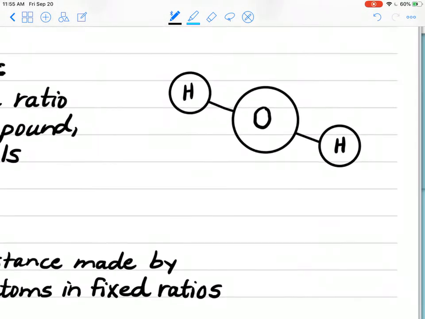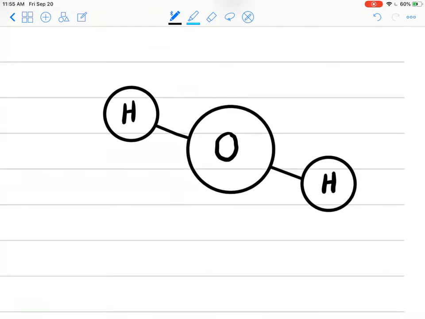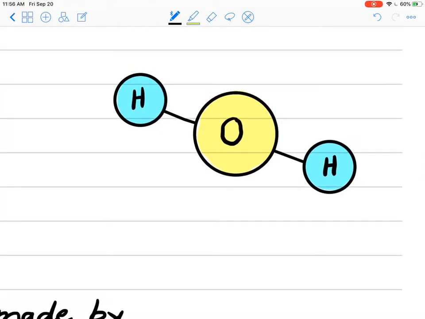Okay, I want to zoom back in on this particular picture and do a little bit of coloring. I want my hydrogens to be the same color and my oxygen to be a different color. If you've got different colors here, you've got a compound. This is not a pure substance. So think with me here.